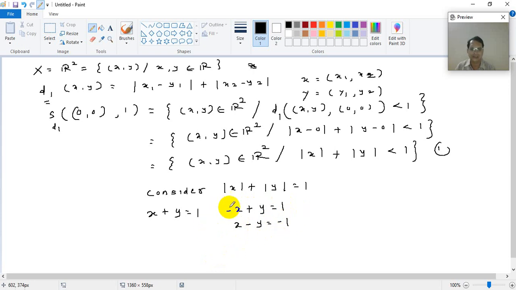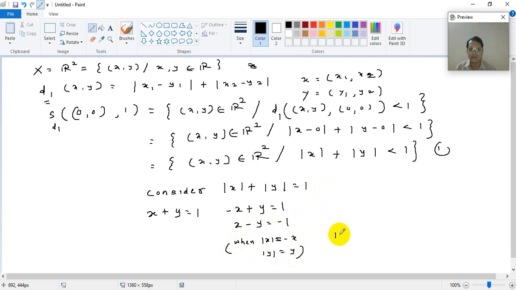This is when mod x is equal to minus x. I write these possibilities here.